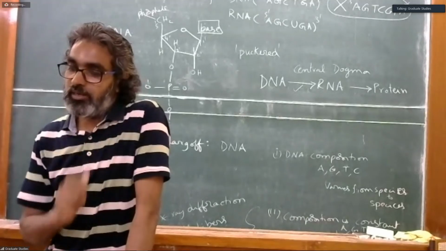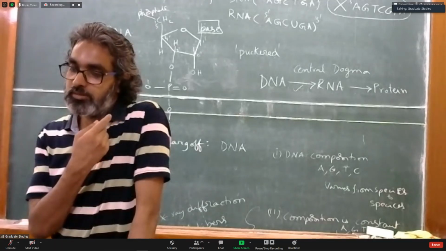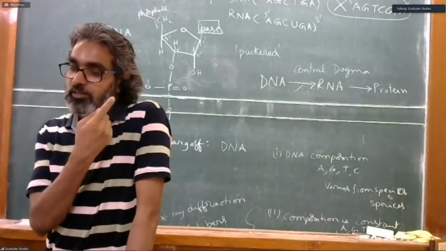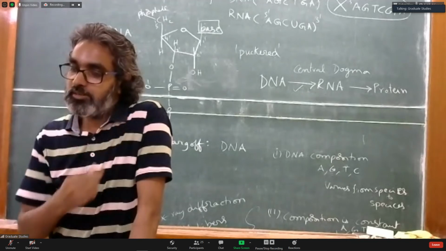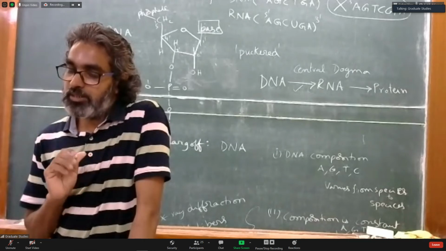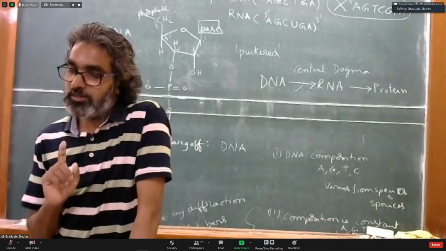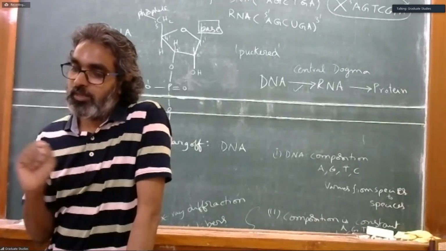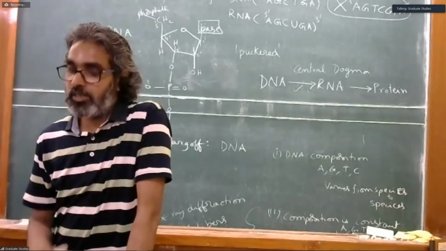If it is not correct, a base pair mismatch occurs. Let's say A is complementary with T, but instead of T, a G is placed. Then A and G in the double-stranded DNA don't form a perfect base pair. This mismatch can be recognized, and it is seen that there is a DNA bulge here. So you go back and correct. Another polymerase comes, and there is an editing mechanism, so it can be corrected.